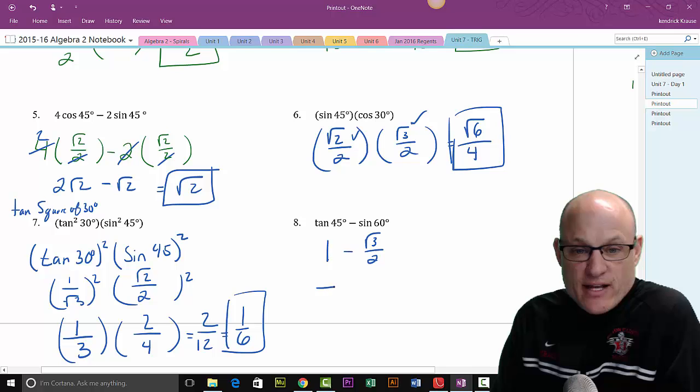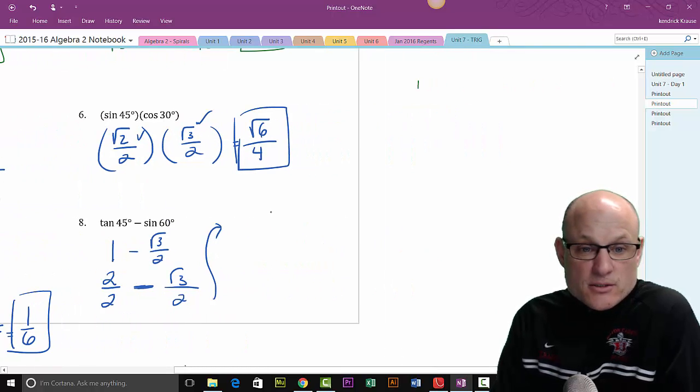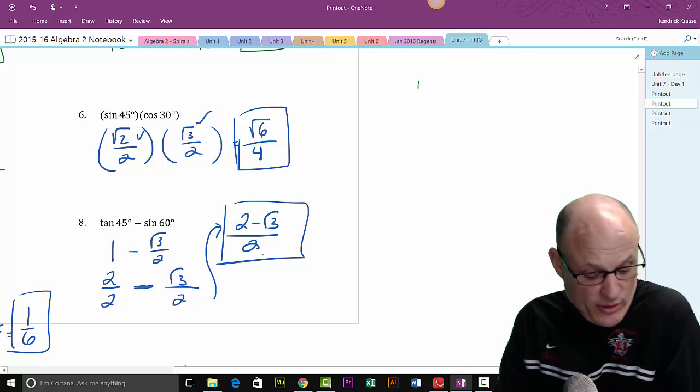In order to add these, I have to have a common denominator. My common denominator would be 2. So this would be 2 over 2 minus the square root of 3 over 2. So my final answer would be 2 minus the square root of 3 all over 2. And yes, that is an acceptable answer. And it's exactly what I'm going to be expecting.